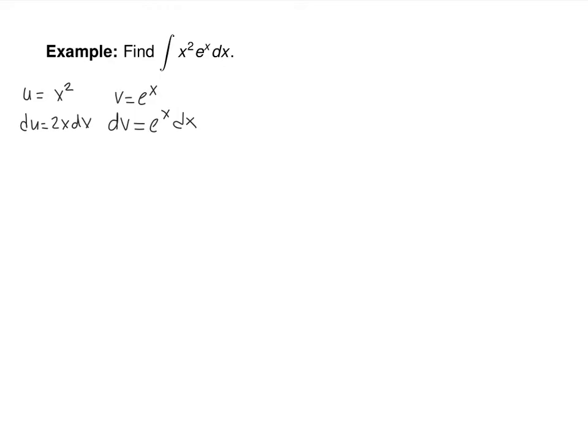So now we have the integral of x squared e to the x will be equal to uv minus the integral of v du.